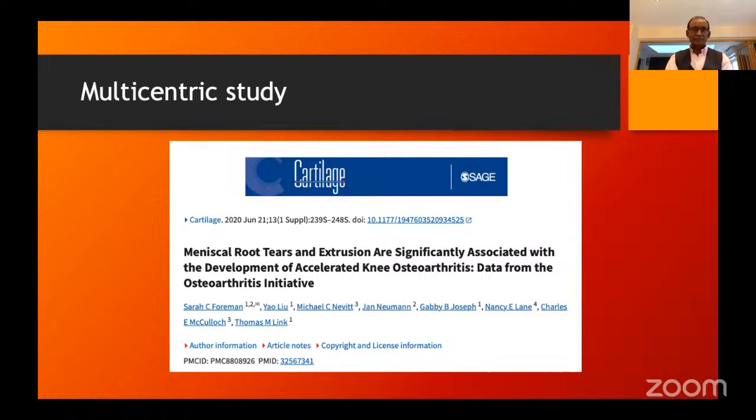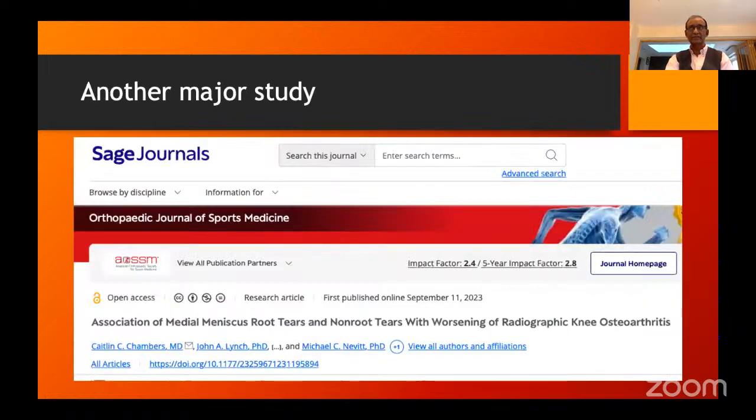And they found that if the meniscal root is torn and there is extrusion, the knee is associated with accelerated arthritis. Okay, so if there is no arthritis, the knee becomes arthritic. If it is already arthritic, then the arthritis is accelerated.